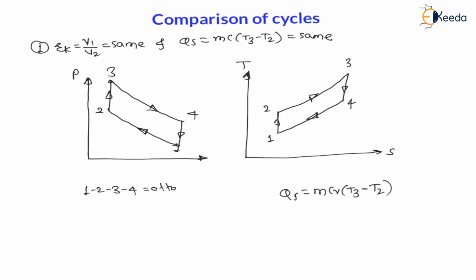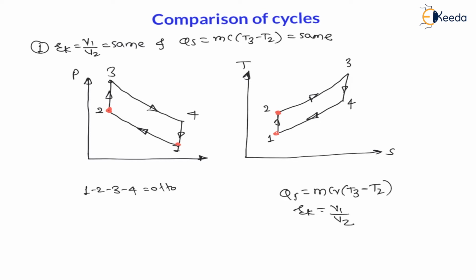Now in the case of the diesel cycle, again the compression ratio is the same. The compression ratio is nothing but V1 divided by V2, right? This means the 1 point and 2 point will be fixed, as the compression ratio is the same, therefore I can say the 1 point and 2 point will not move. The 1 point and 2 point are fixed conditions for the Otto as well as the diesel cycle, right?